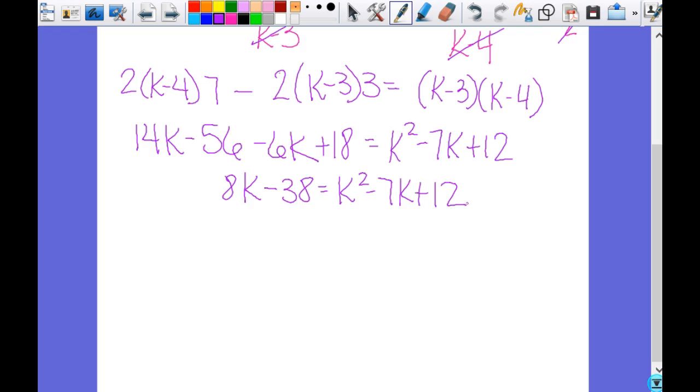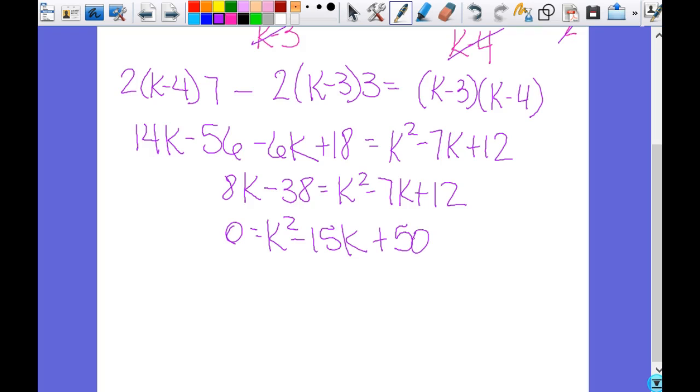What's it called? Starts with a Q. Quadratic, so what do I need to do? Set them all on the same side, set equal to 0. So I'm going to move it over here so I can keep that positive. We get 0 equals K squared minus 15K. I'm going to add that, so I get plus 15. Everybody good?